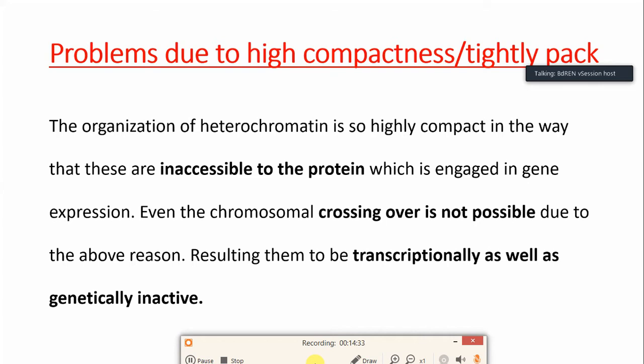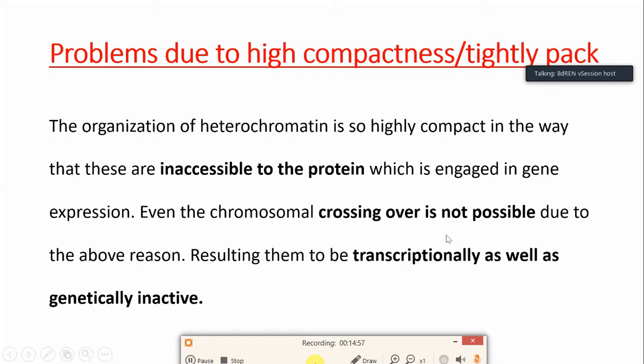What is it? It's DNA, then mRNA, and then protein. Firstly transcription, then translation, and then protein is formed. Actually, this cannot happen due to the high compactness of tightly packed heterochromatin.